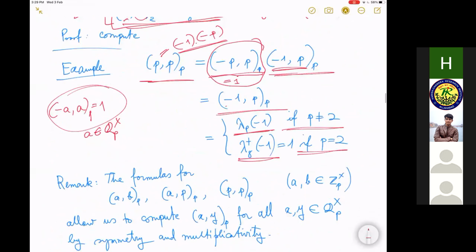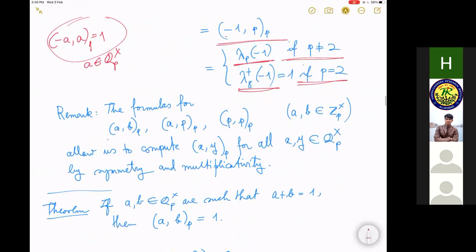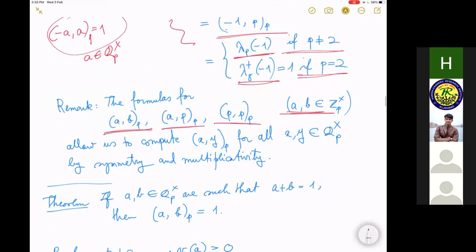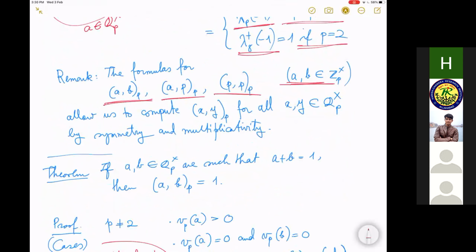Okay, so now we have got formulae for (A, B)_P when A and B are in Z_P star. We know what (A, B)_P is, (A, P)_P is, and (P, P)_P, of course, we know what it is. This is what I've done here just now, right? So these three values and the basic properties, symmetry and multiplicativity of the Hilbert symbol, allow you to compute it for any x, y in Q_P.